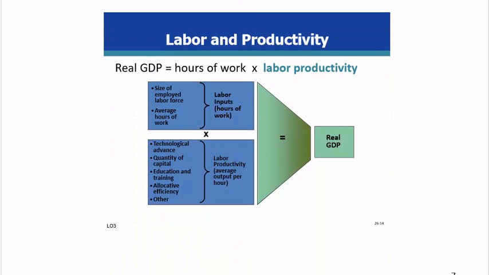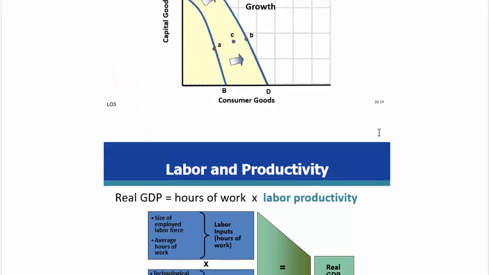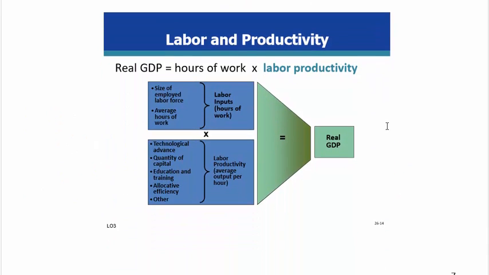And what we're going to need to do here, in order to have economic growth, going back to the slides that we had a minute ago, all of these things are going to increase our productivity, except more labor. So keep that one in mind. But if we can increase productivity, we're going to lead to more GDP, which is going to be economic growth. So I want to clarify this one as well.